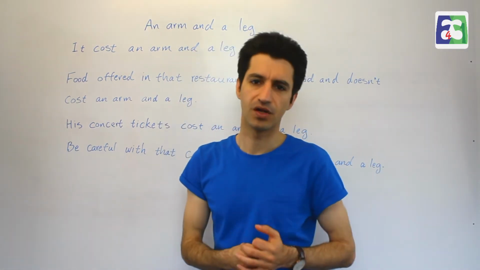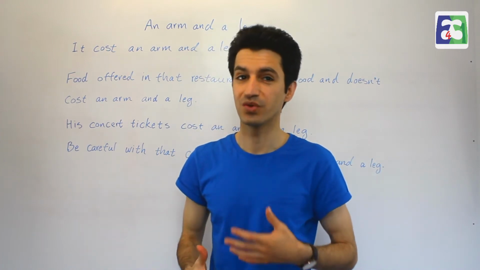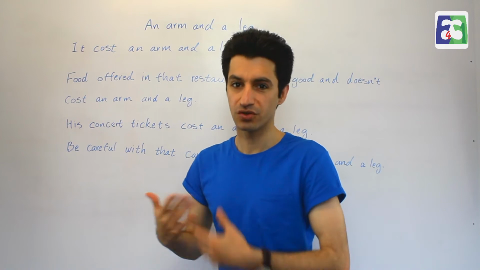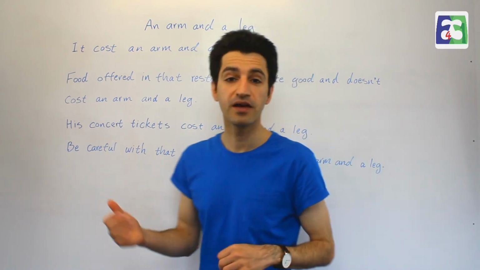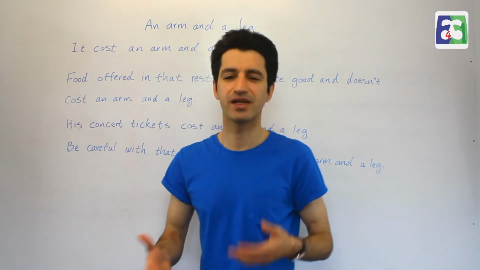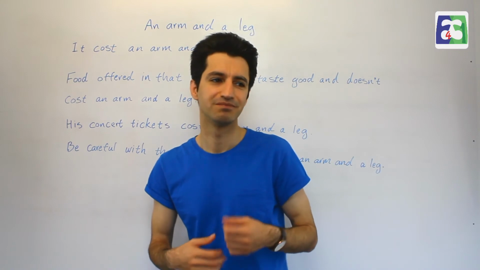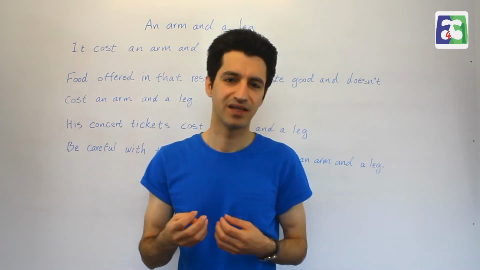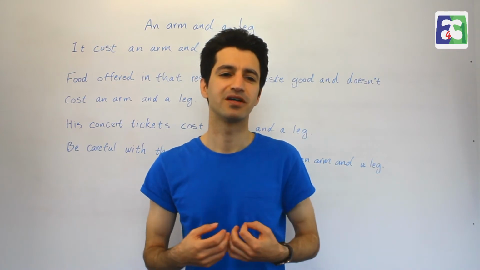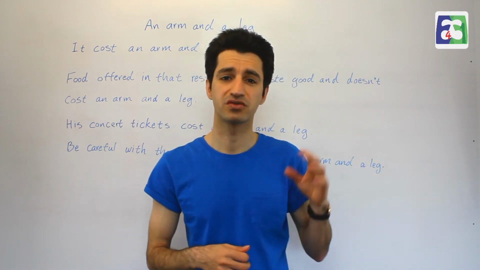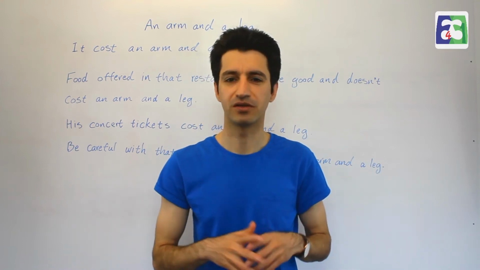Arms and legs are not things that one would consider selling. So when one says it costs me an arm and a leg, it means it costs me a lot. In everyday speech, we use an arm and a leg and we really do not mean that much. You might be trying to get something a bit cheaper, and say, oh no, that is too much, it will cost me an arm and a leg, maybe just for a couple of dollars.